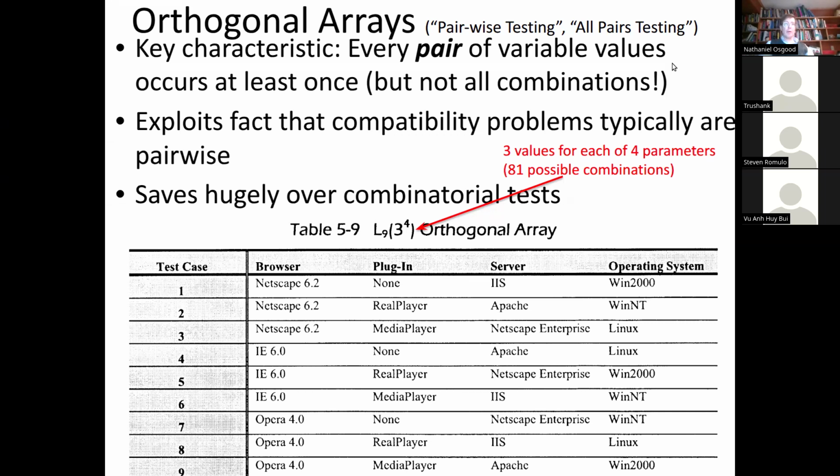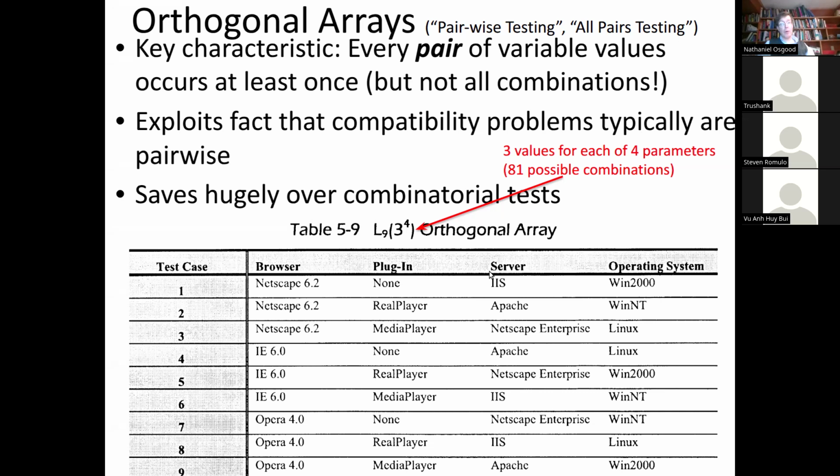So, one area where this comes up quite a bit is if you're testing configurations of systems. This is an old slide, but the point transcends time. It has to do with the fact that sometimes you have different types of software that need to play together.